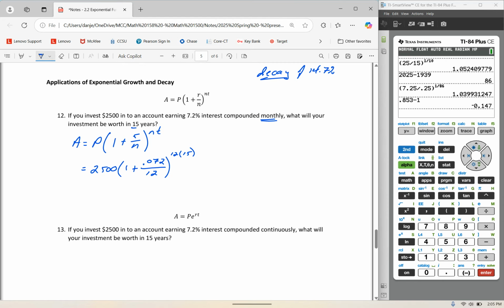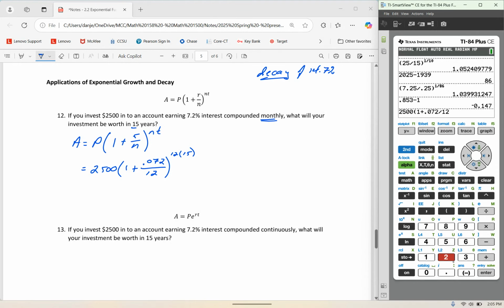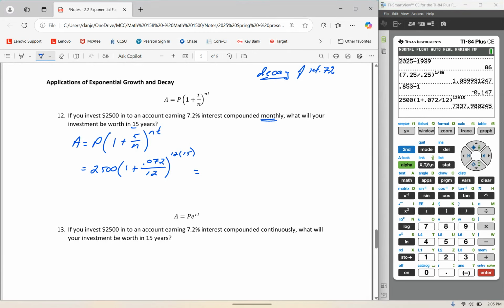It's a little bit of complication to that formula, but what's nice is that this function is perfectly set up to go right into the calculator. 2,500 times 1 plus 0.072 over 12, to the 12 times 15 power, is 7,337.98.